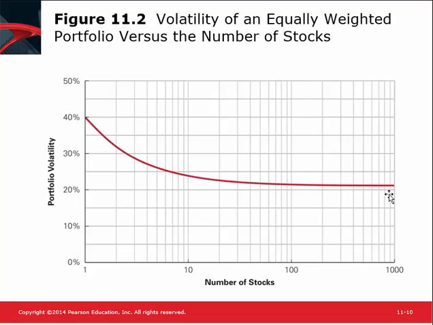So the question is, how many stocks do you need to add in order to get this? Now, this appears to be a very big number, but in reality, this isn't really to scale here. It turns out somewhere between 20 to 40 stocks, you're going to have about the least amount of risk that you can possibly get from an equally weighted, randomly chosen portfolio of investments.